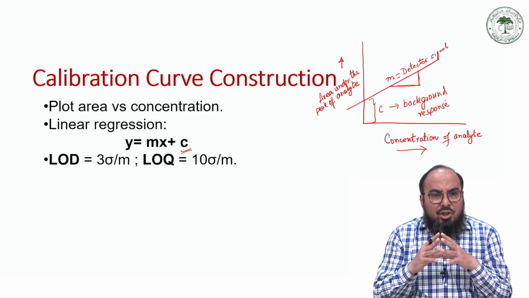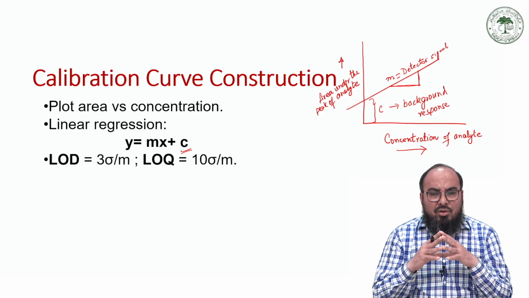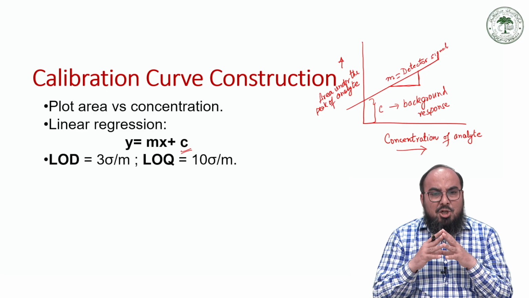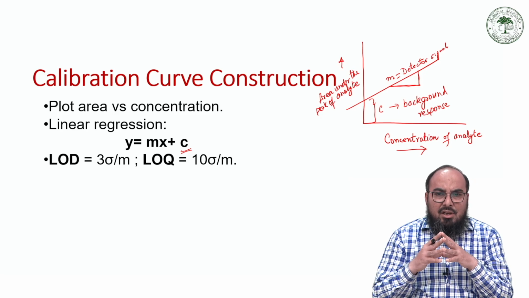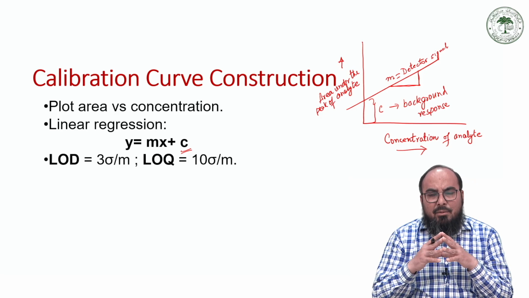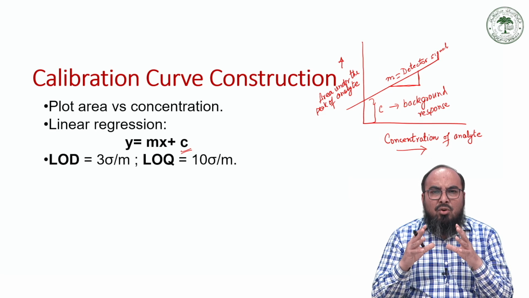So there are two things which come in here, because this is a linear regression curve. This curve is used for the straight line curve. This is also called a straight line curve. So this calibration curve gives you an idea to ascertain the concentration of unknown analytes.